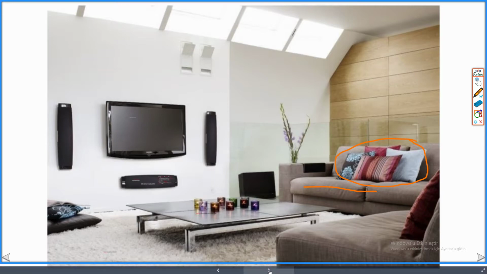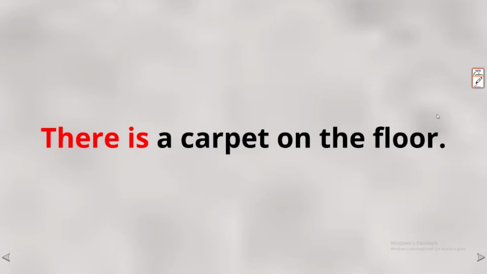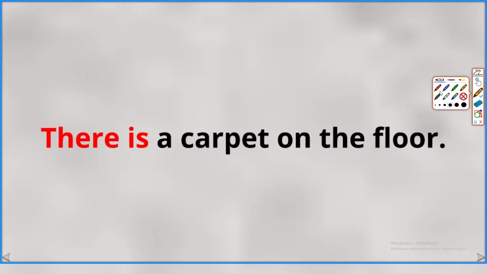Guys, there is a carpet on the floor. We have there is because we have a carpet.